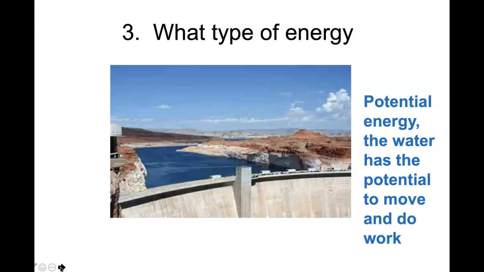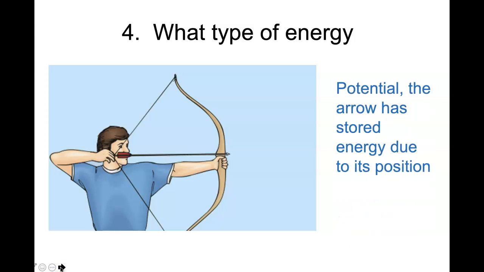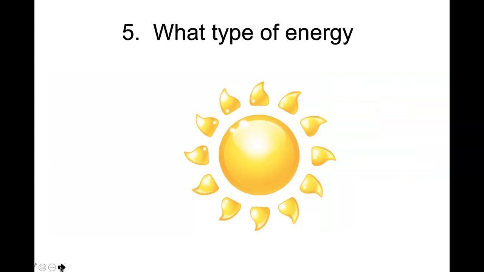It has the potential to move and do work, but it's not currently doing that. And the arrow here in this bow, hopefully you said potential as well, because it has energy stored due to its position. And this type of energy here, when you're looking at that sun, hopefully you said radiant energy or light energy.